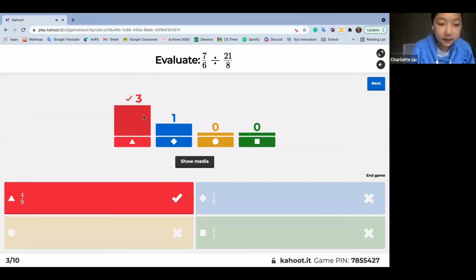The answer is 4 over 9. You would multiply 7/6 by the reciprocal of 21 over 8, which is 8 over 21. Then you can cross multiply 7 over 6 times 8 over 21, and you should get 4 over 9.